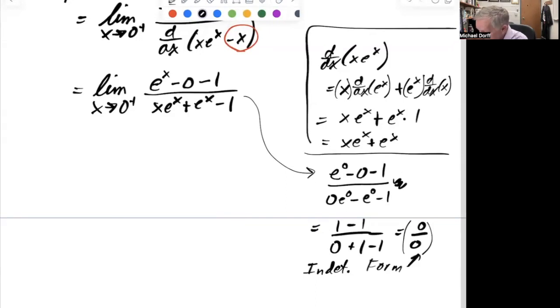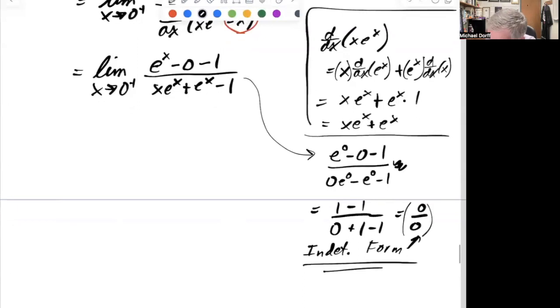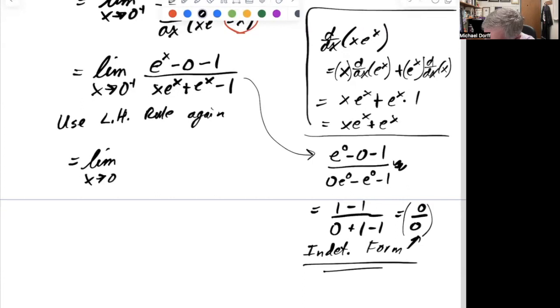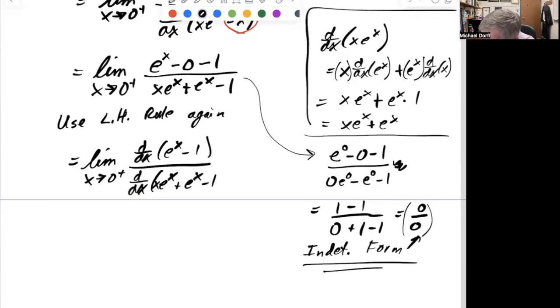All right, but that's no problem because we just use L'Hopital's rule again. So now we have the limit as x goes to 0. We're going to take the derivative of e to the x minus 1 over the derivative of x e to the x plus e to the x minus 1.